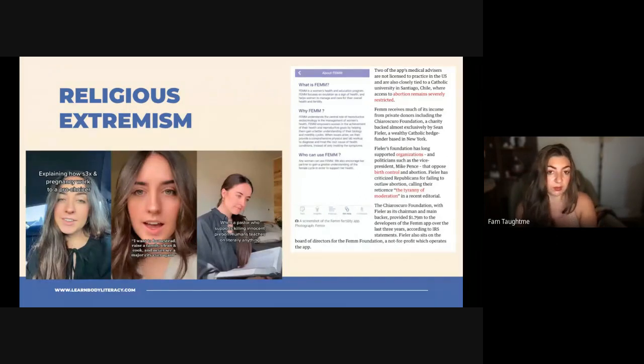And that's a big part of what I've been trying to do with learnbodyliteracy.com, is to make a much more broadly inclusive site regarding body literacy than a lot of the frameworks that you might come across online.